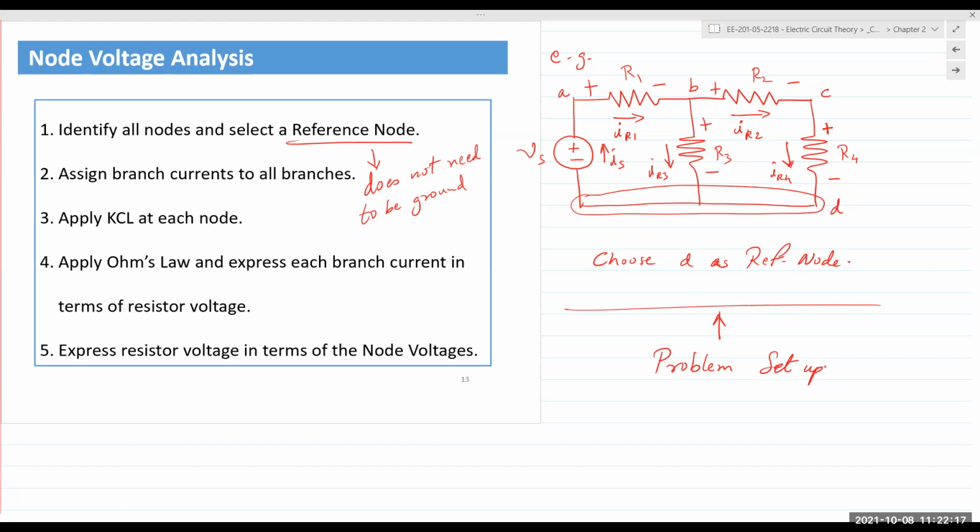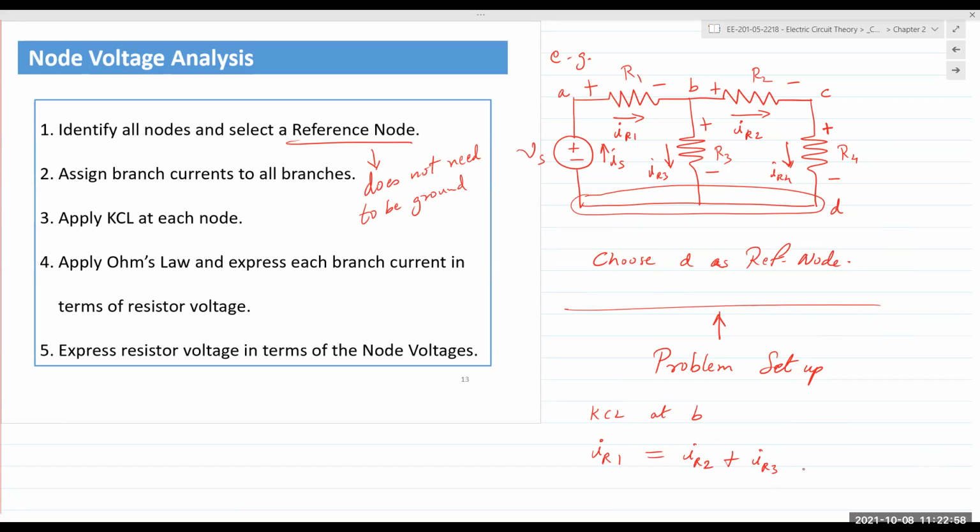So let's apply it, for instance, at node B. If you apply KCL at node B, I would obtain IR1 is equal to IR2 plus IR3, right? So IR1 is equal to IR2 plus IR3. That's what I would obtain. And that would be step number 3.